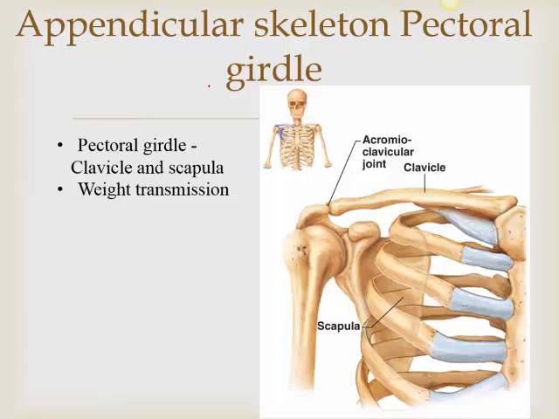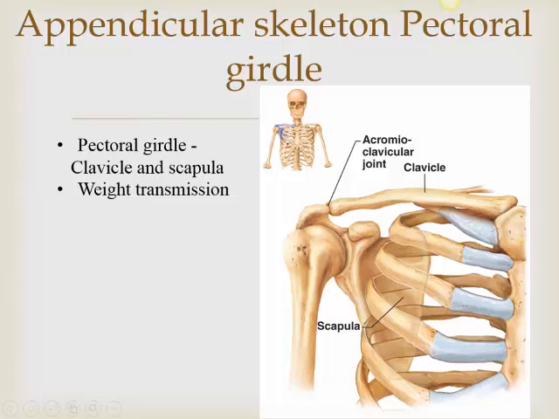Now when we look at the appendicular skeleton, let's first start with the skeleton of the limbs. The limbs are attached to the axial skeleton because the weight is transmitted to the axial skeleton, and it's transmitted by a ring of bone, both for upper and lower limbs, and that ring is known as a girdle.